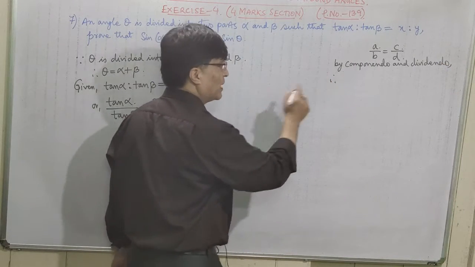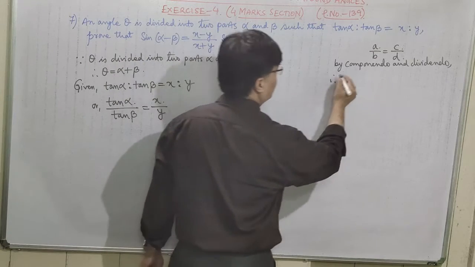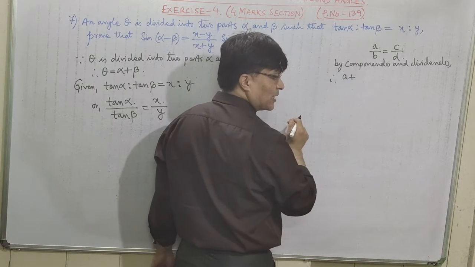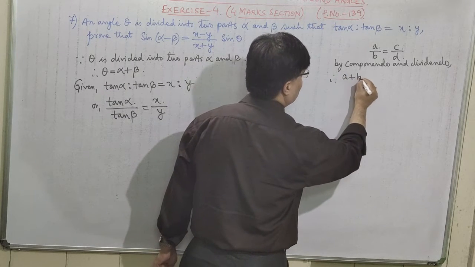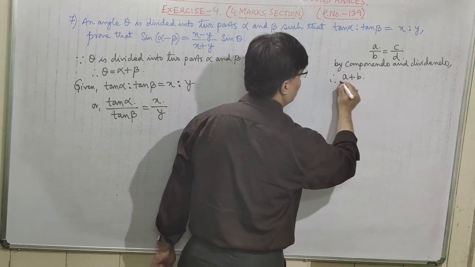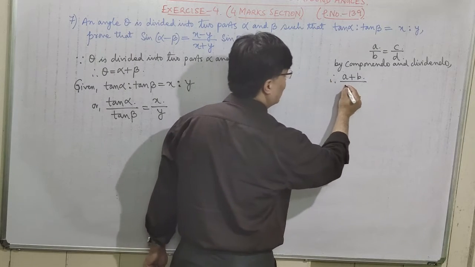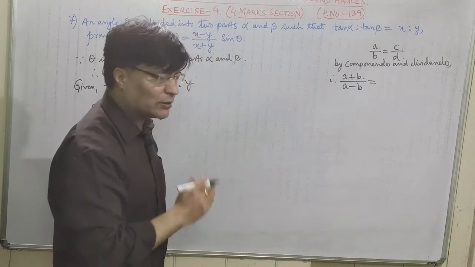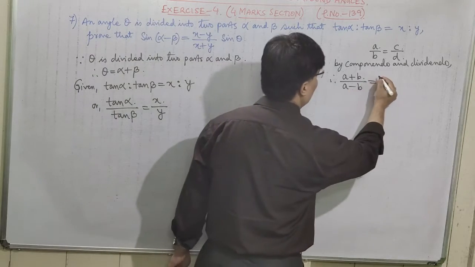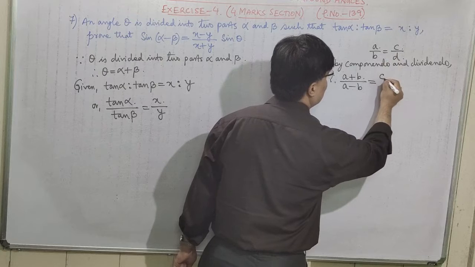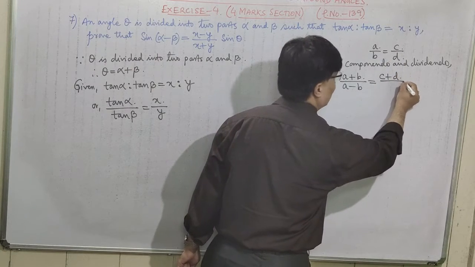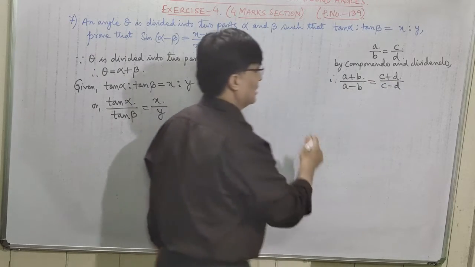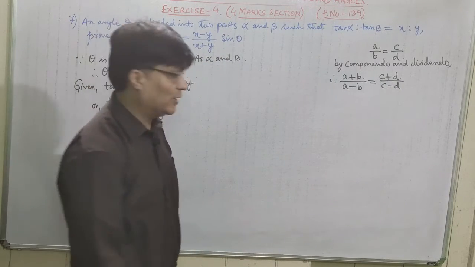There is a rule, that is, if you write plus sign in the numerator, it will be A plus B, that is numerator plus denominator, divided by numerator minus denominator, that is A minus B, is equal to, similarly on the right hand side, numerator C plus denominator D divided by numerator minus denominator, that is C minus D. So this is known as componendo and dividendo.